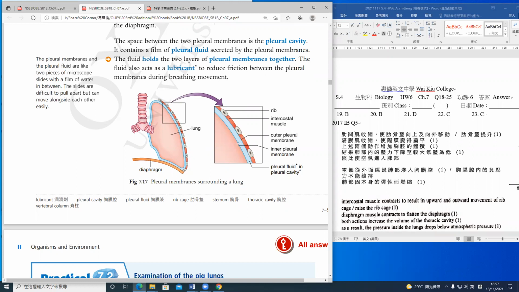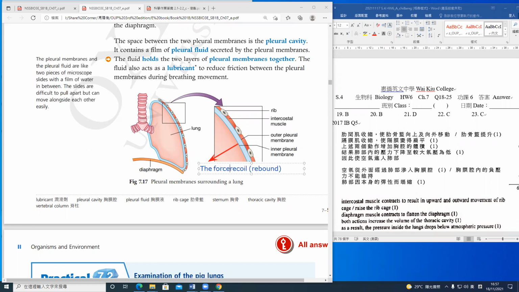First of all, the lung would recoil, rebound. The recoil force.